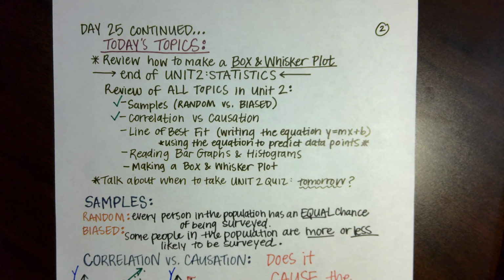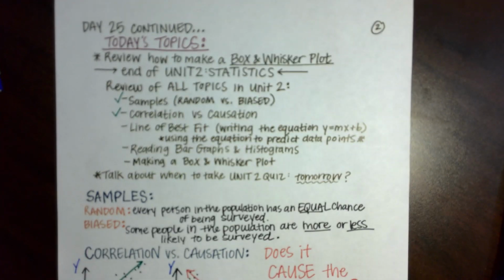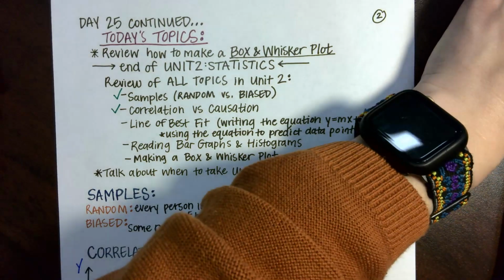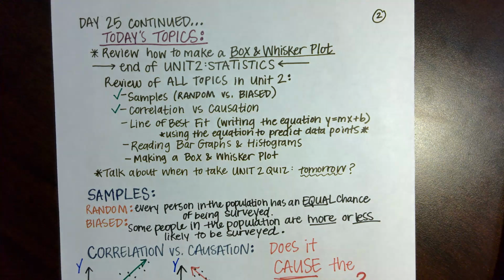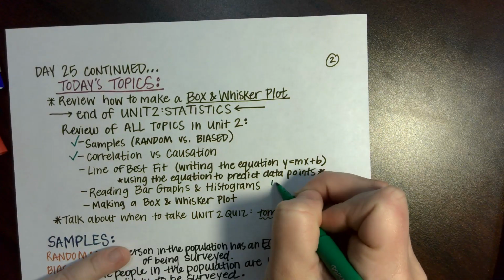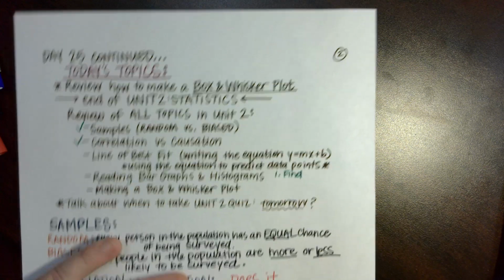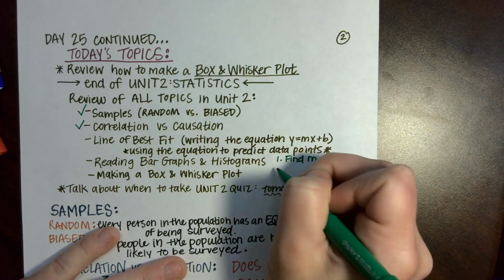Now let's look at line of best fit. So this is relating a lot to last unit, whenever we were graphing linear equations and we were writing linear equations. Okay, remember when we write an equation, what are the 3 steps? Find M, find B, right? Yes. Step 1, find your M or your slope.